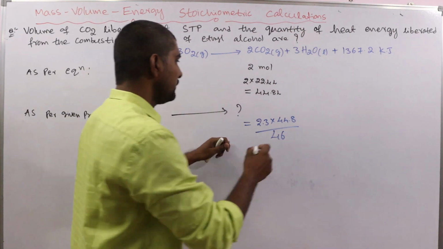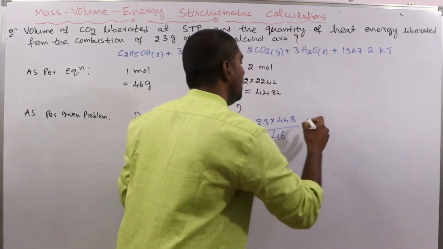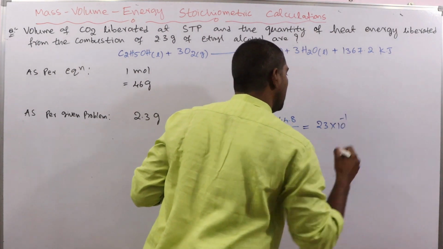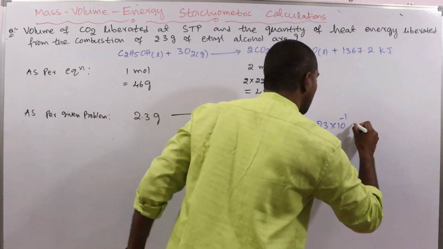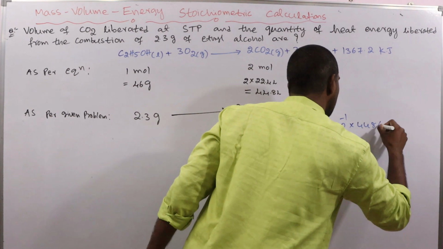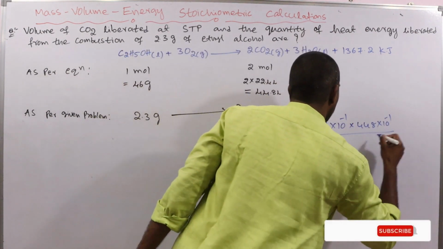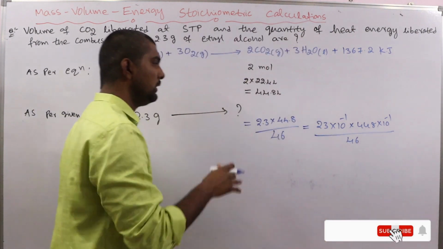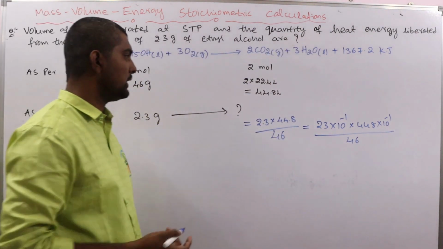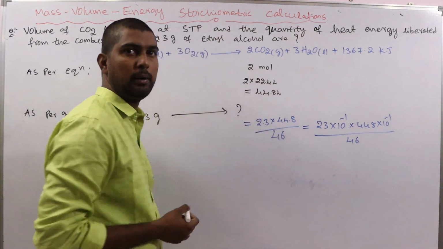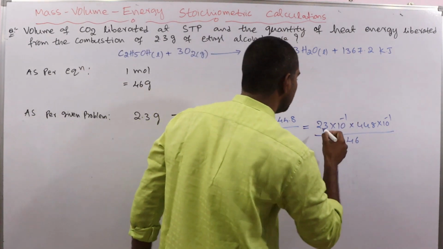For simplification, we can write this as 23 into 10 power minus 1, and 448 into 10 power minus 1, by 46. If we do it like this, we get the answer easily. If you have confusion while simplifying this type of numbers, this is the simple procedure.